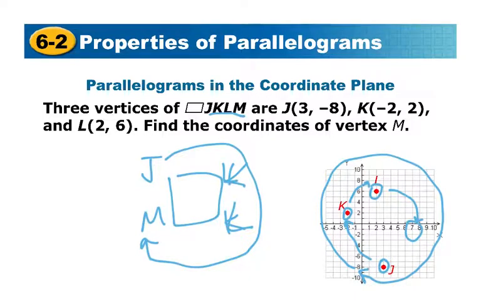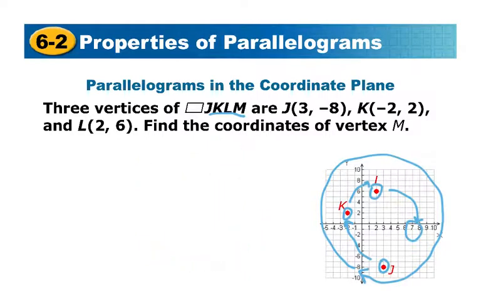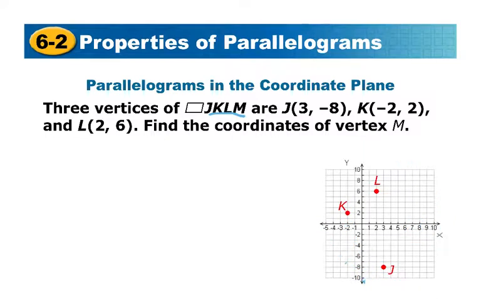So because of that, we know that our M dot is going to be somewhere over here. Okay. And so in order to get that, we would have to understand that the sides are opposite and congruent, the sides are parallel, lots of things happening. So for instance, if this side is going to be parallel to this side, I would need it to form that same pattern.